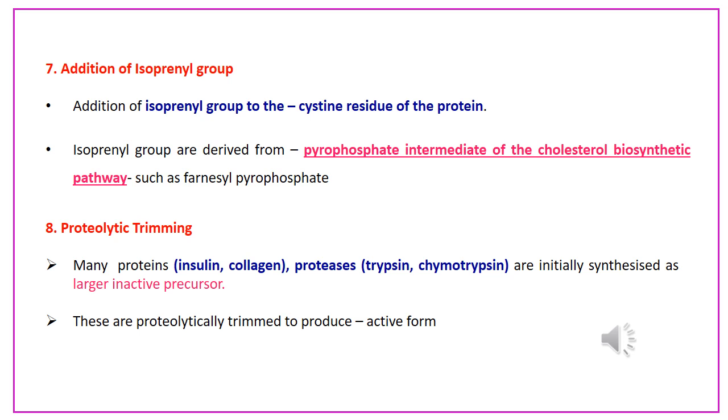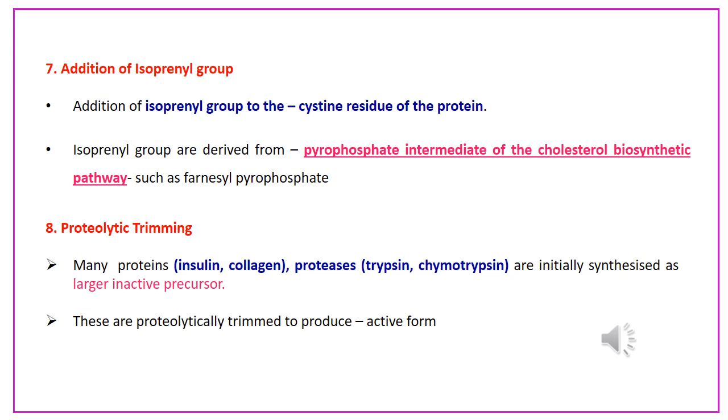The addition of an isoprenyl group to the cysteine residues of a protein. The isoprenyl groups are derived from pyrophosphate intermediates of the cholesterol biosynthetic pathway, such as farnesyl pyrophosphate.